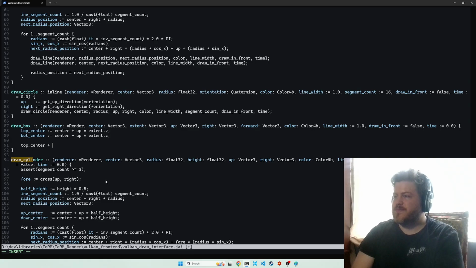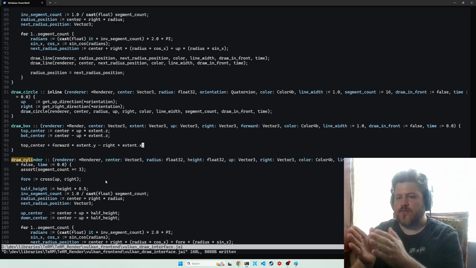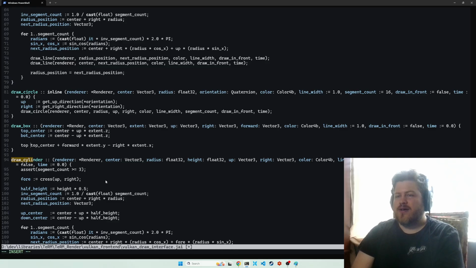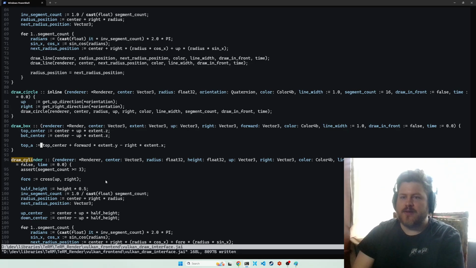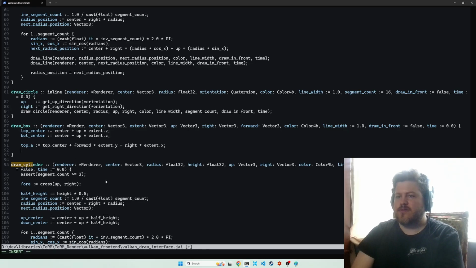So top center plus forward times extent dot y, and then I'm going to say minus right times extent dot x. Extent dot x is the half width of the rectangle, the box we're drawing, right? So this is top A. You don't have to have great names for things like this, I think.